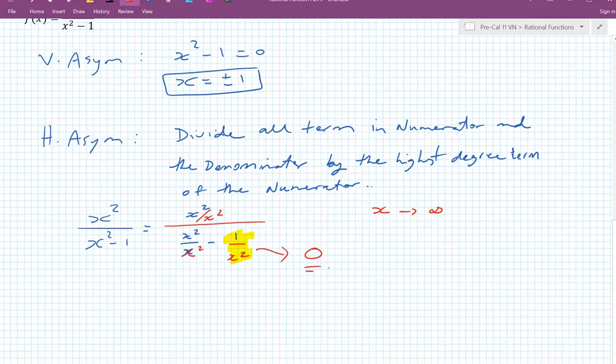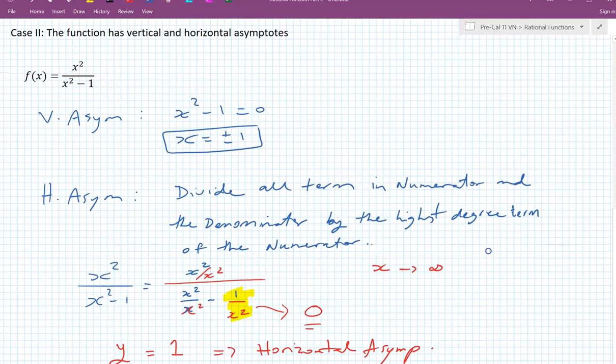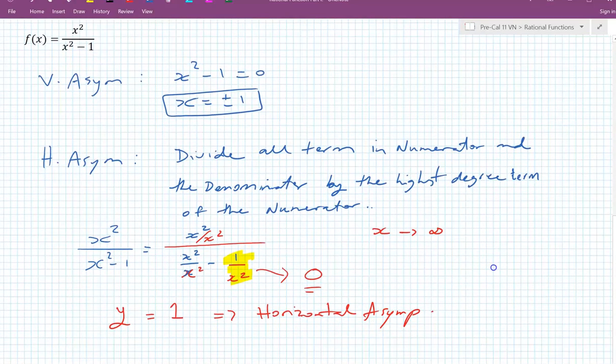It will be non-existent. So the final value will be x squared over x squared, that's 1. So that means y equals 1 is your horizontal asymptote. That's how you always calculate the horizontal asymptote for a rational function where the degree of the numerator is equal to the degree of the denominator.